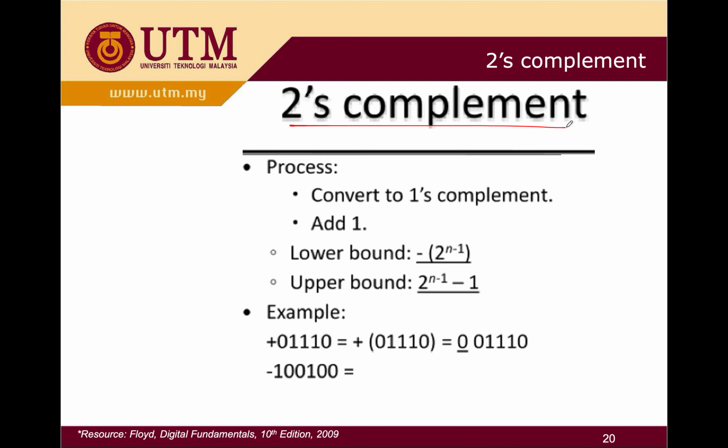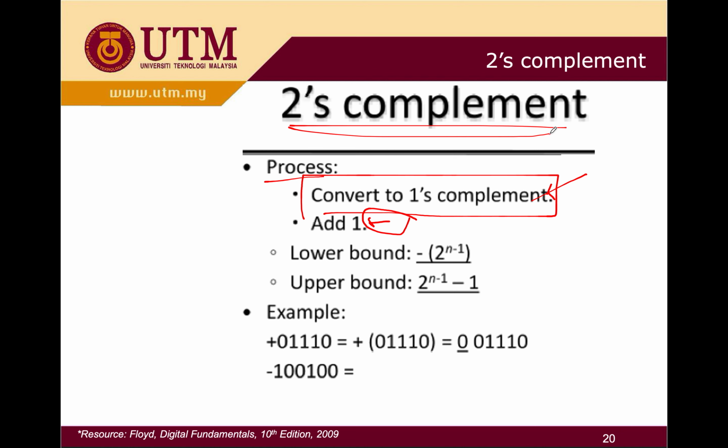For the second complement, what you need to do is first convert it into the first complement, then add 1. It's quite simple, alright? You just need to know the method and the steps for the first complement and just add 1. Then you get the answer for the second complement if you were given the numbers.